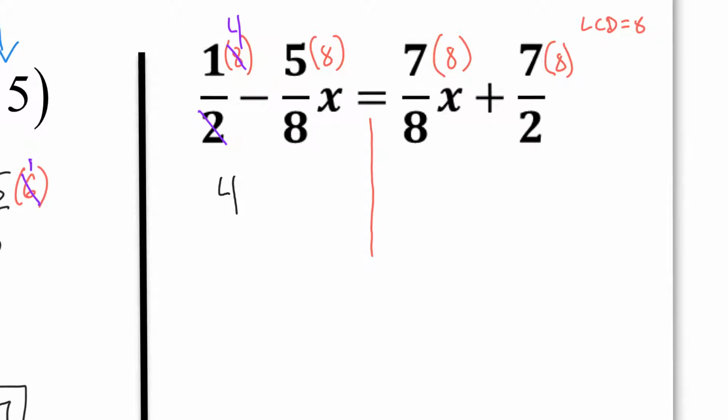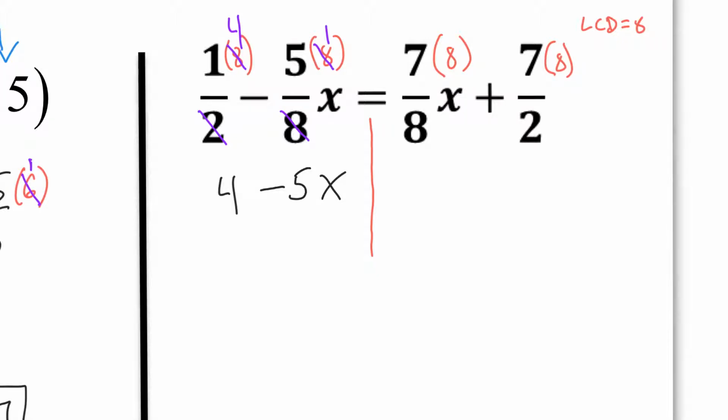The next one is 8 goes into 8 one time. You don't need to put that 1, but I have it so you guys can see it. And we have a minus 5, negative 5 times 1. So that's going to be negative 5. And we do have an x, minus 5x. You just bring down the variable.